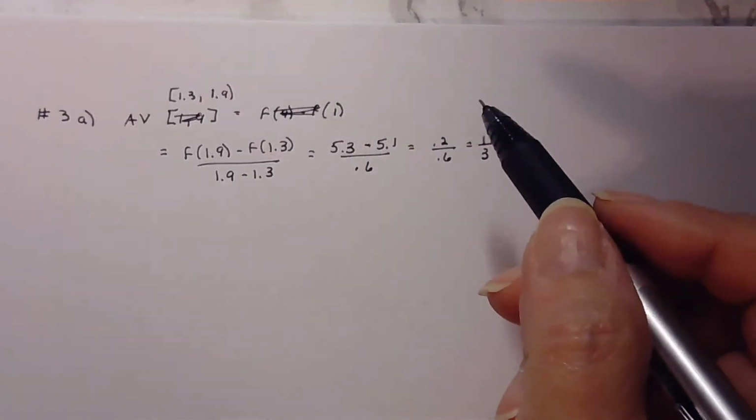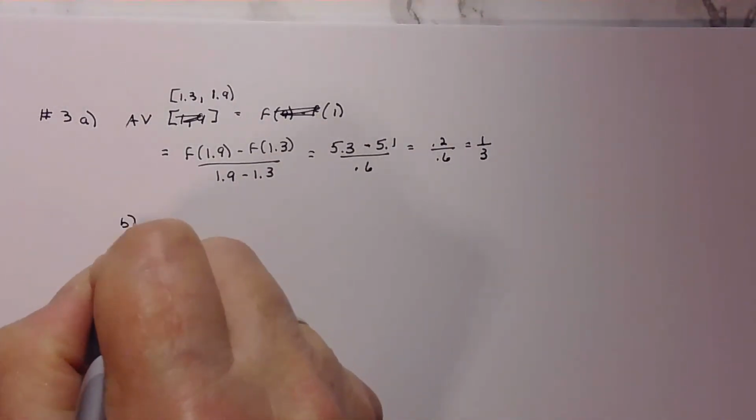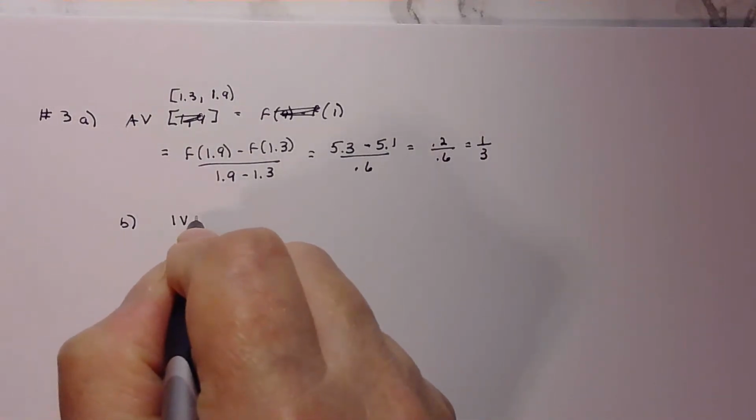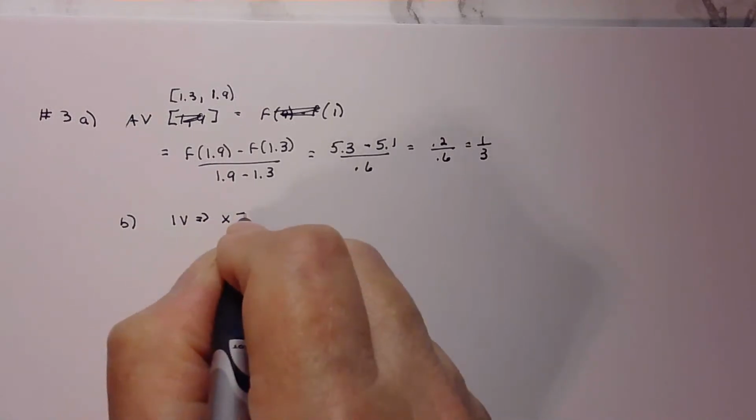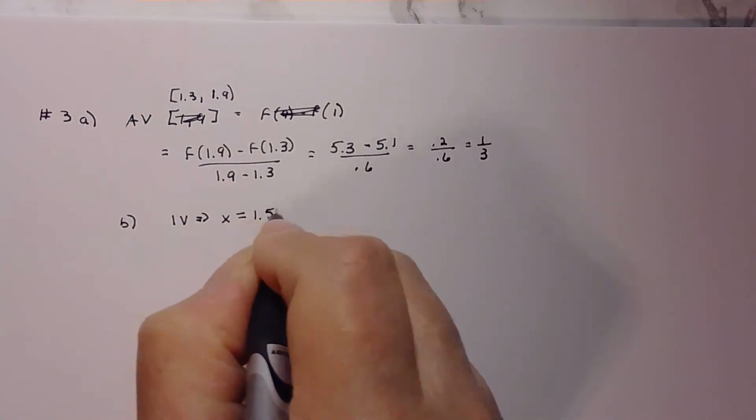All right. So what we have here in part B is we want to estimate the instantaneous velocity at x equals 1.5.